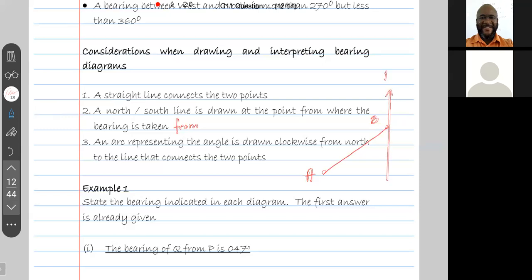This is north, this is south. Now, the angle that represents the bearing of A from B must start at north and come around to the line connecting the two points. That angle there, guys, is more than 180 but less than 270.